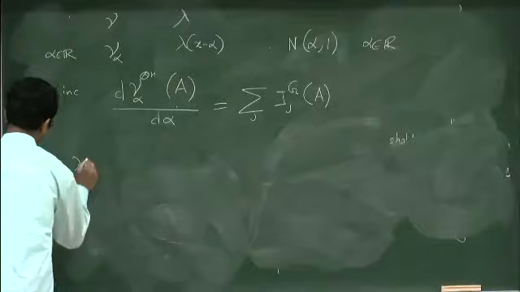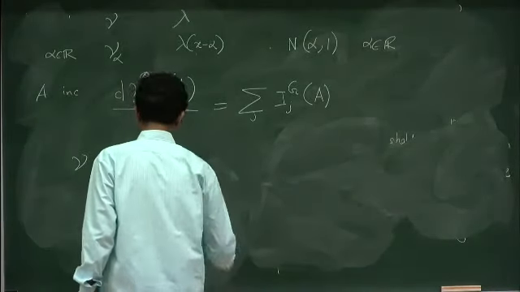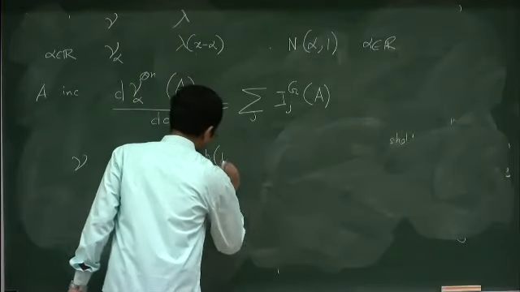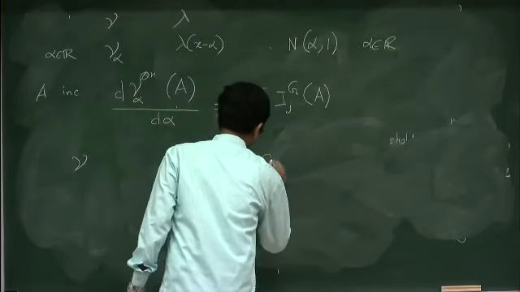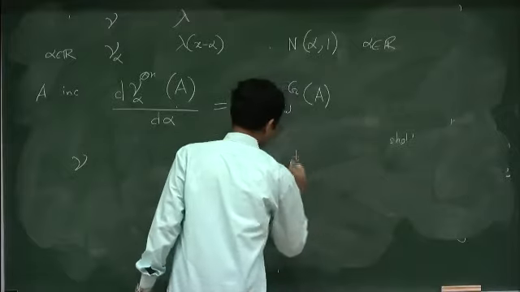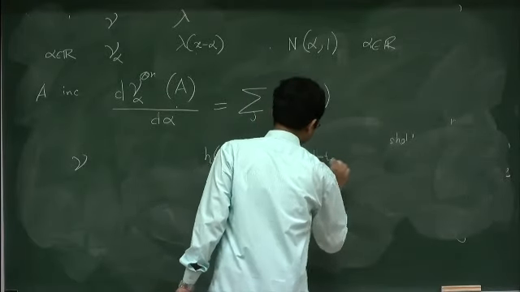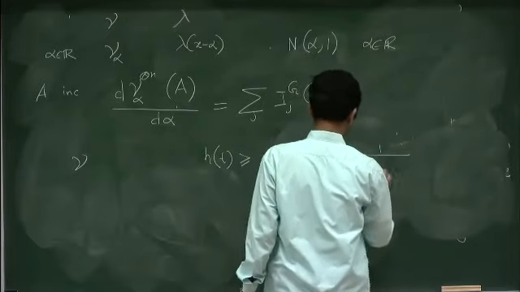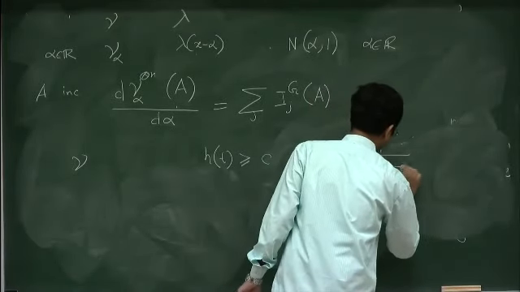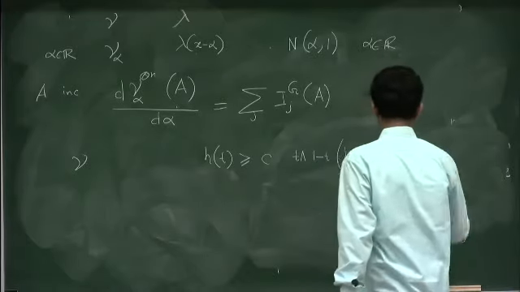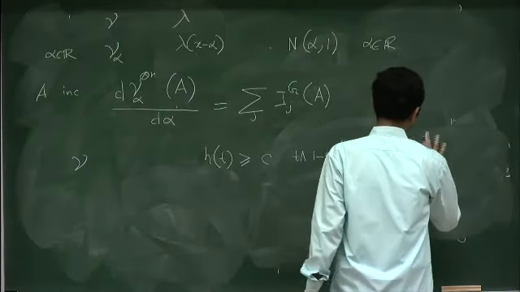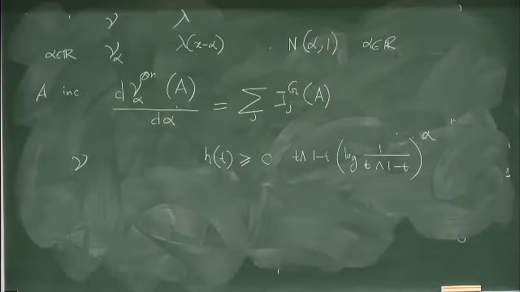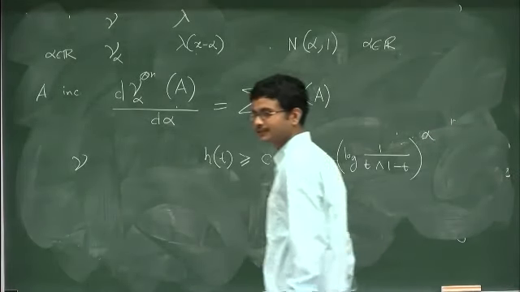Suppose mu has a density, that is a technical assumption, and the isoperimetric function of mu is greater than or equal to some constant times t minimum 1 minus t, log of 1 over t minimum 1 minus t, to the power of some constant, maybe alpha. Then our proof works.